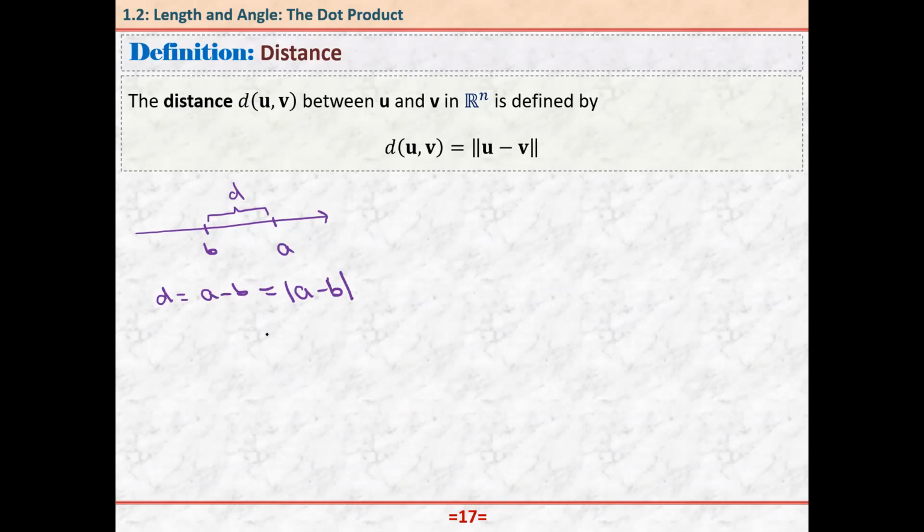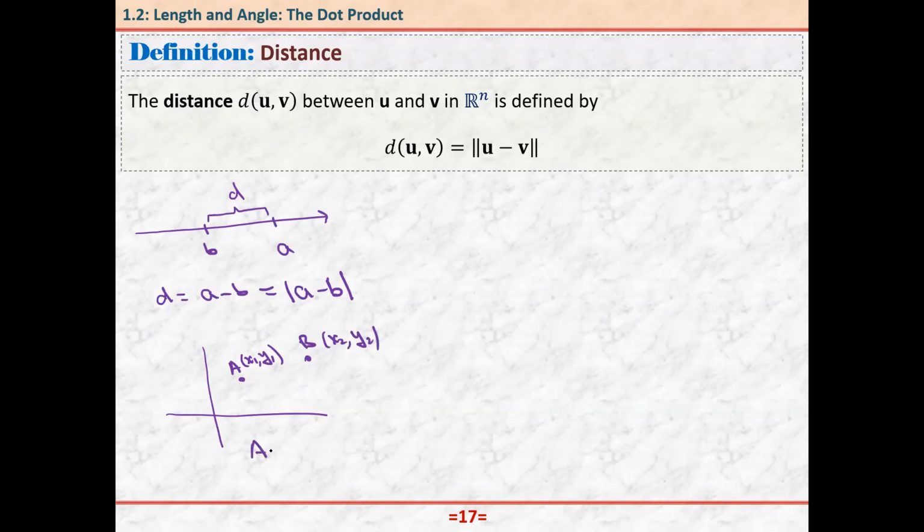And also in two-dimensional space, if you're given 2 points, let's say this one is point A and this is point B, and coordinates are x1, y1 for this one, and x2, y2 for this one. How do you define the distance?